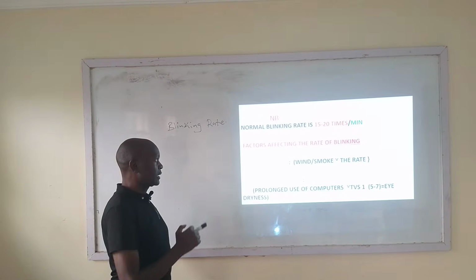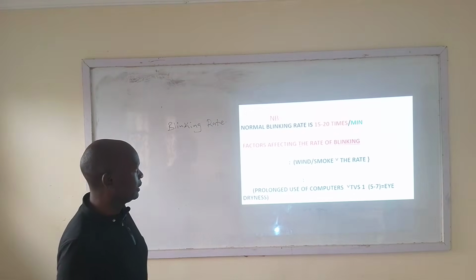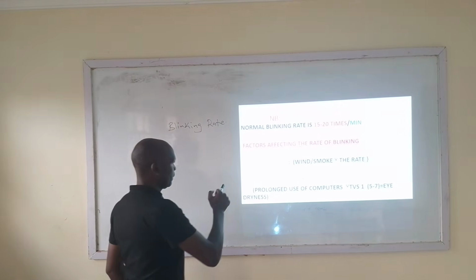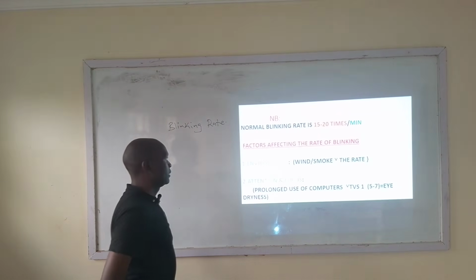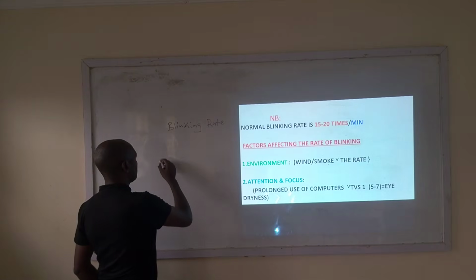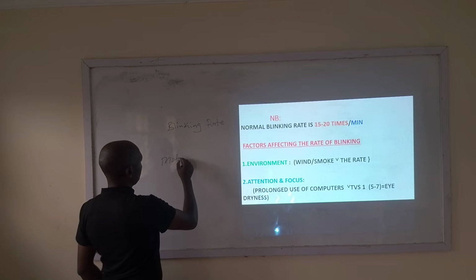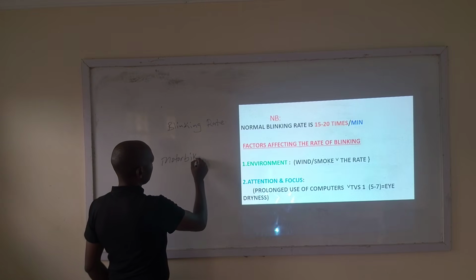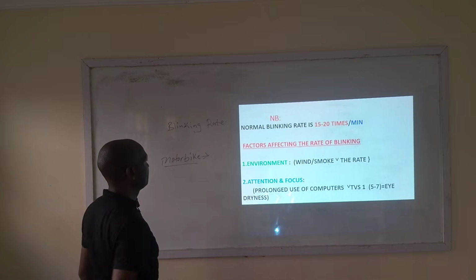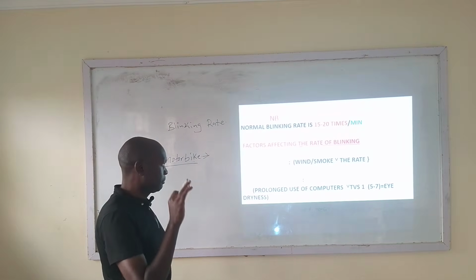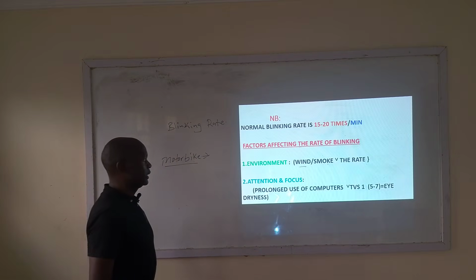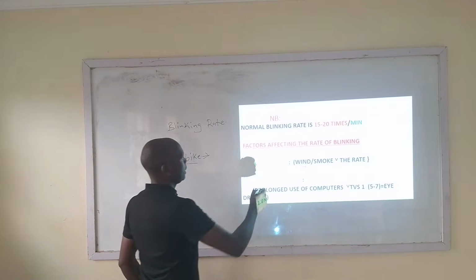Then we have factors which affect the rate of blinking, and one of them is environment. We can give the example of motorbike riders. Those people who ride motorbikes are exposed to strong wind, and this wind affects the blinking rate.